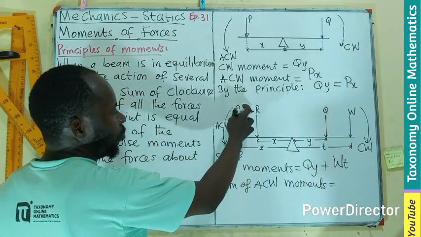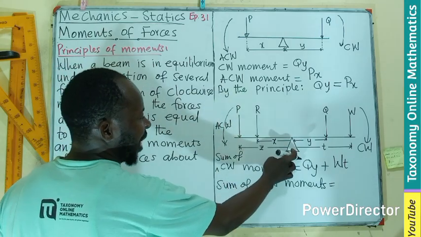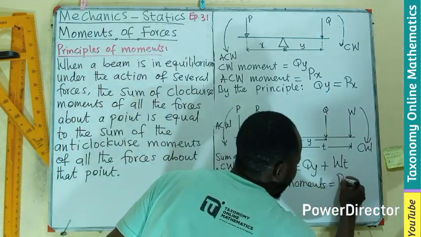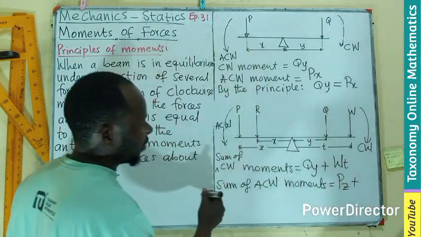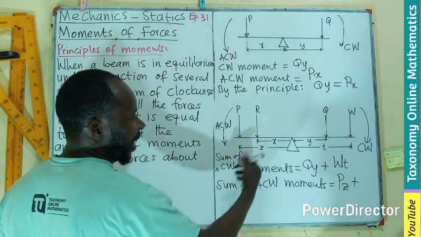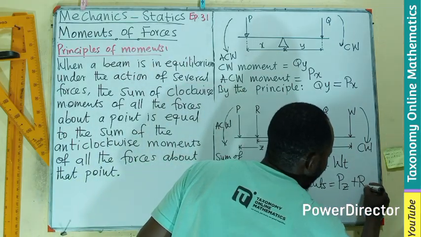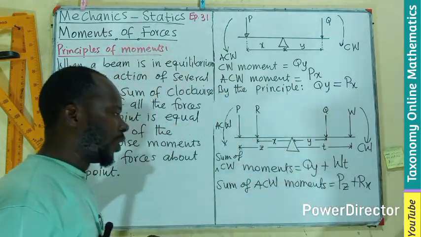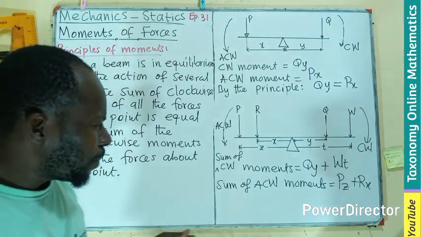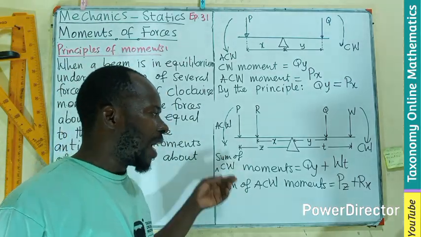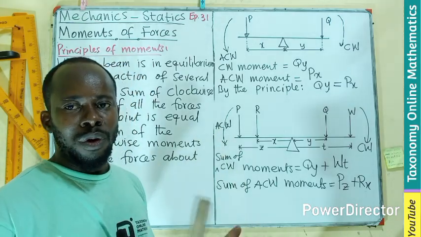You can see this is also P moving along with its distance from the pivot, Z. So I will have P times Z plus R, which is also moving in the same direction, with its distance, S. Good. So we know the sum of the clockwise moment. We also know the sum of what?